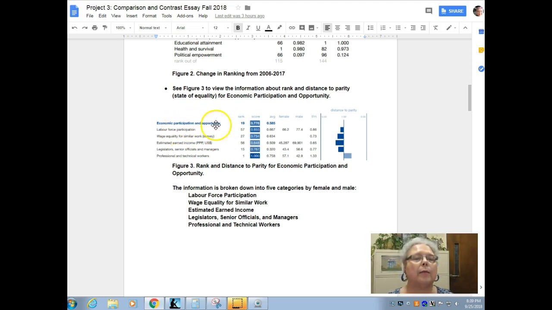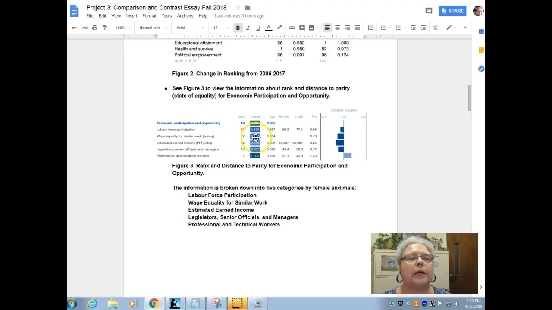So we can see, looking at this, that under economic participation and opportunity, the labor force participation is 66.2 for females and 77.4 for males. So slightly higher for males, and the distance to parity is shown here on this line.